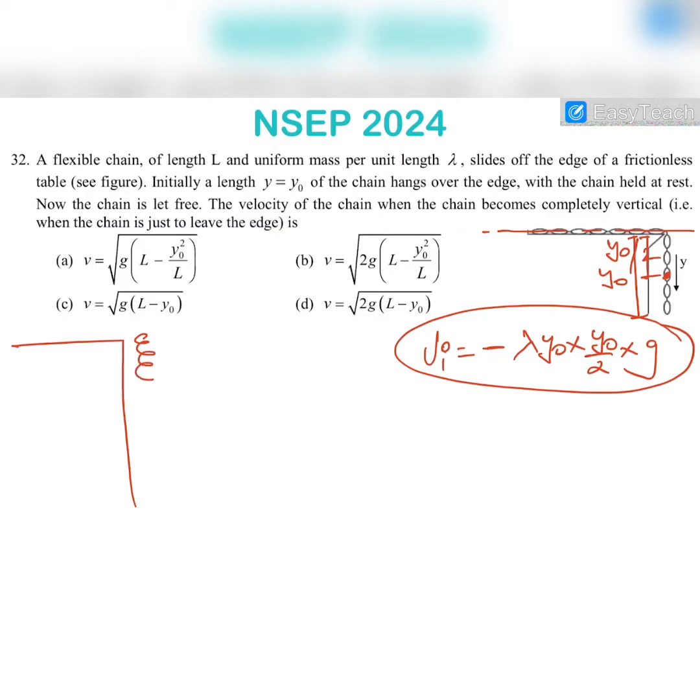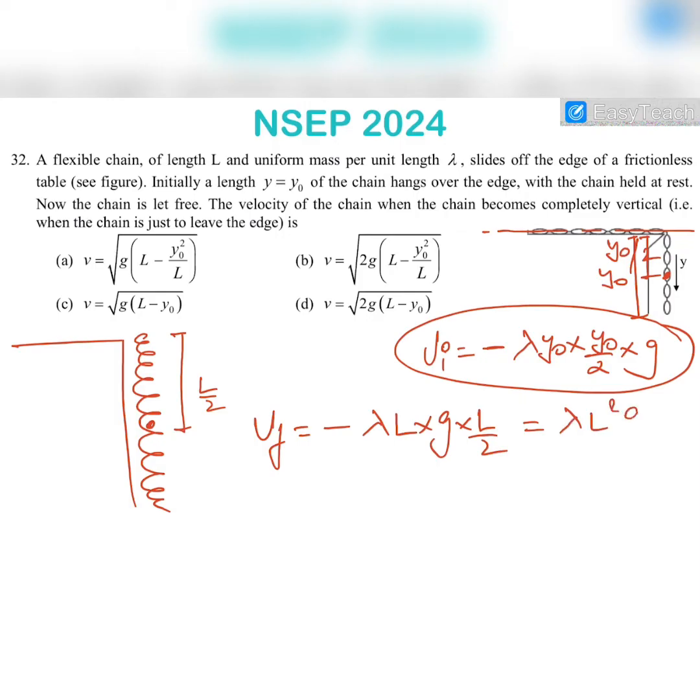Now finally you can see that this chain is completely below this table. So finally the center of mass of the chain will be at a distance of L by 2 below the top point, and therefore the final potential energy of the chain will be minus lambda L into g into L by 2. So this will be lambda L square g by 2 with a negative sign.